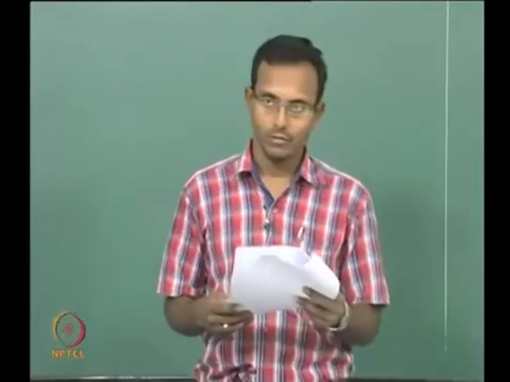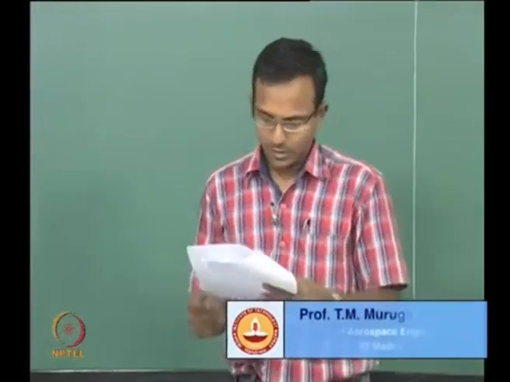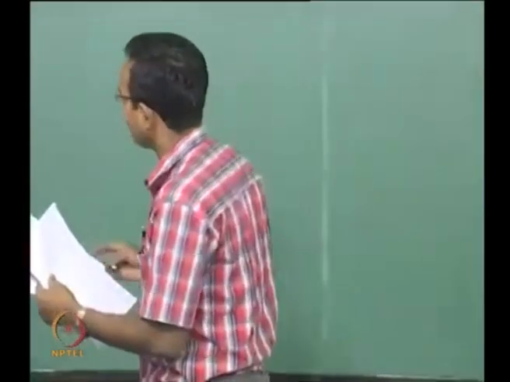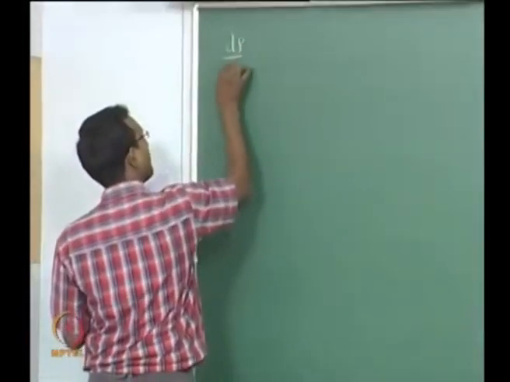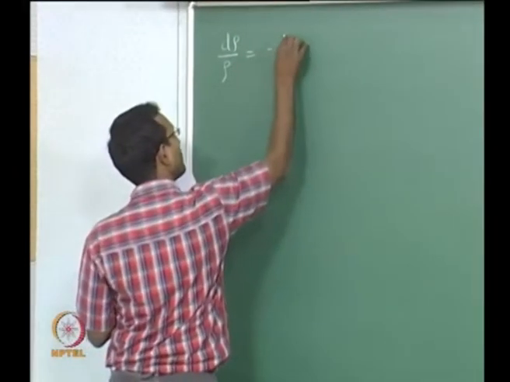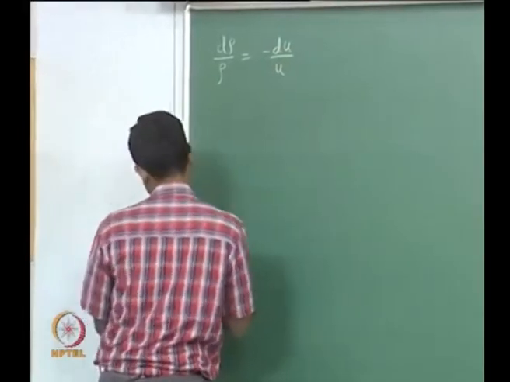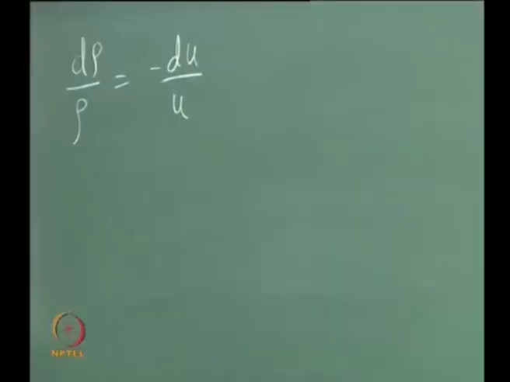Hello everyone, welcome back. We were writing the relationship between du by u and every other property derivative by its value. I will write down those values again once so that we can go for easy reference. This was one of them we had, and then we went to the energy equation where we wrote dt by t.